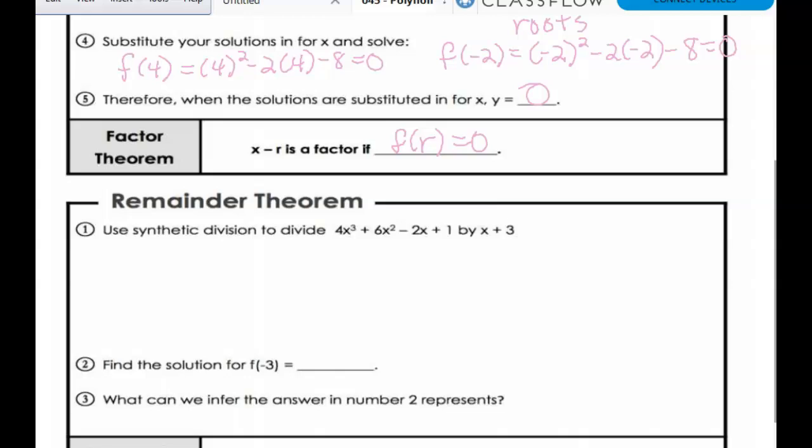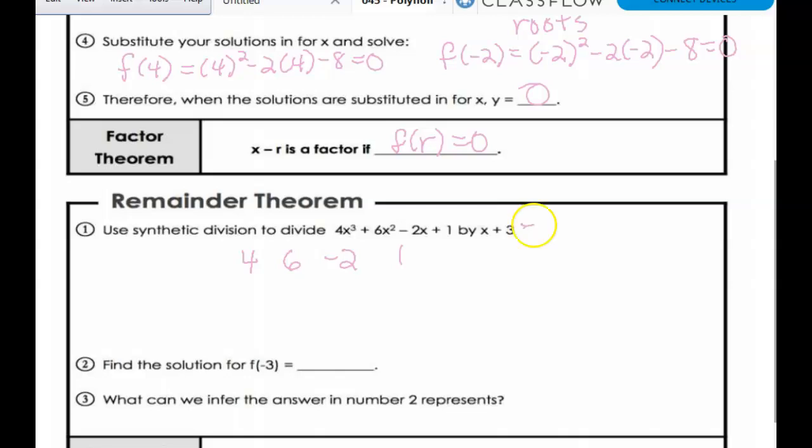So let's synthetically divide this. So first of all, is it in standard form? I have x to the third, to the second, to the first, and a constant. So it's standard form. So I'm going to write down the coefficients, 4, 6, minus 2, and 1. What's the solution I'm testing? -3, right?